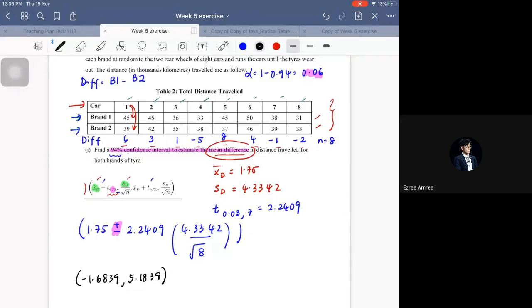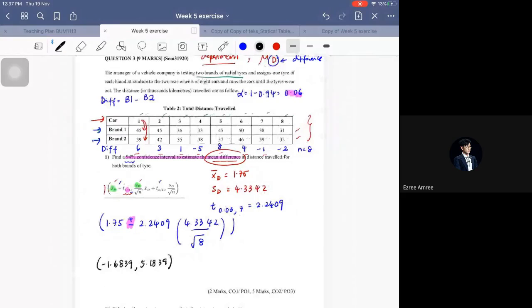If you have trouble unmuting yourself, just write it in the chat box. I will read that. Isaac, can you tell me the unit for the confidence interval?